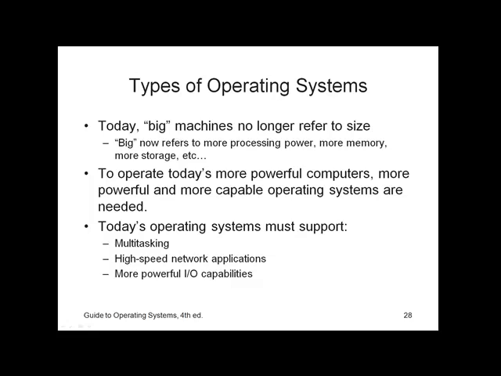Big now refers to the processing power and the memory storage for that computer. To operate today's more powerful computers, we need more powerful and more capable operating systems. Today's operating systems must support multitasking, high-speed network applications, and more powerful input-output capabilities.